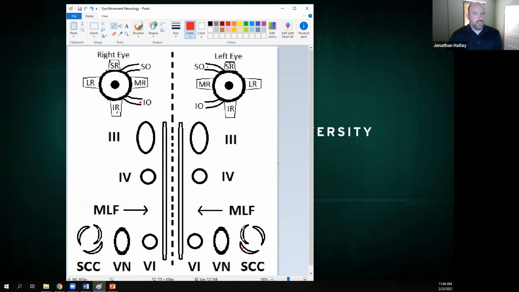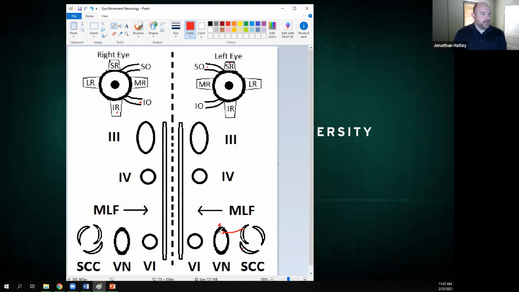But let's find out. We'll start with the left anterior canal, just like we did with the right side in the last video. Let's start off by looking at what the left anterior canal connects to. It starts off in the left anterior canal, and it's going to come over here and synapse in the vestibular nucleus, specifically the superior portion of the vestibular nucleus.